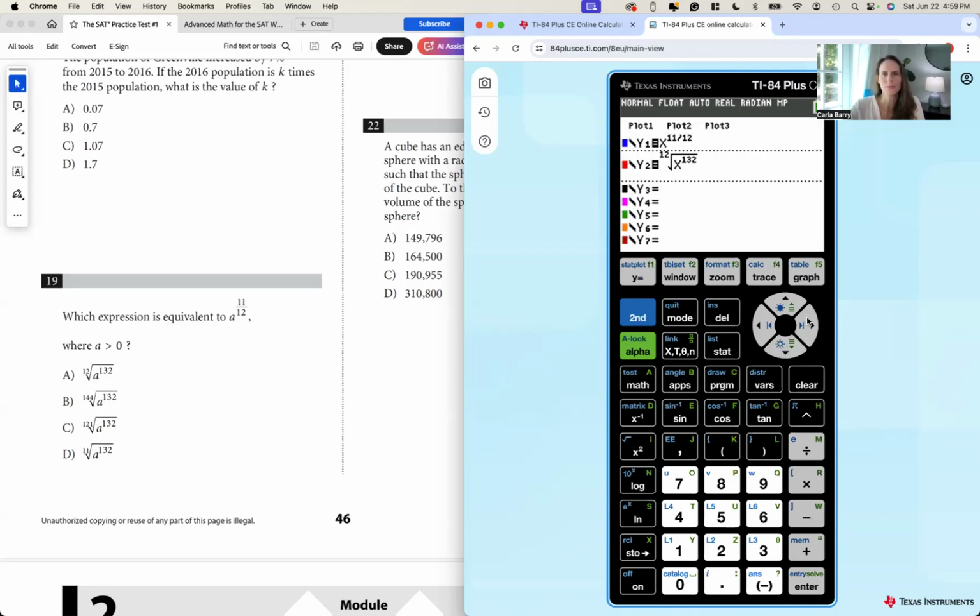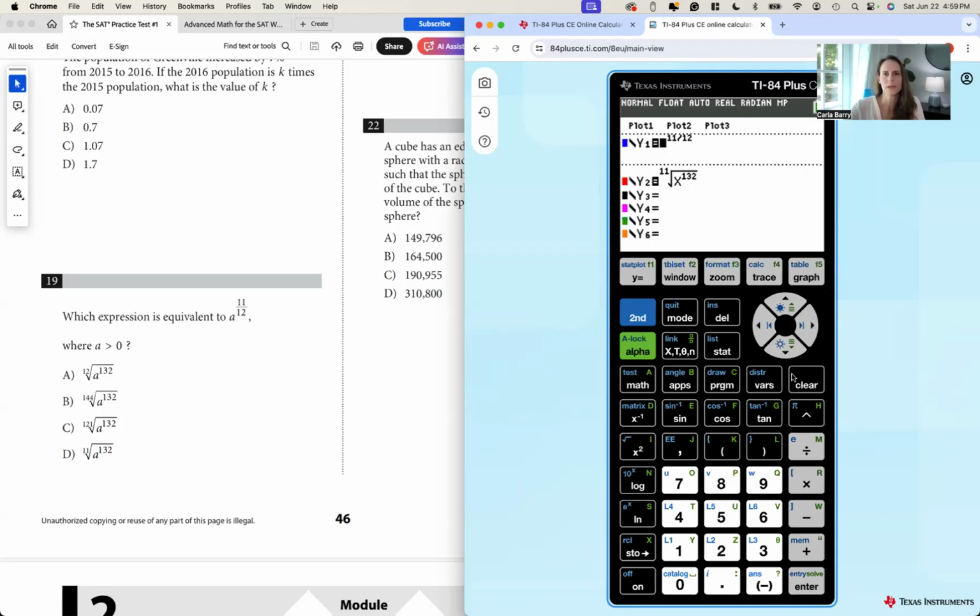Answer choice B, I'm going to change that to 144, and I'm going to keep that as x to the 132. Oh, it doesn't overlap, doesn't work. I am going to change this to 121 and keep that as 132, doesn't overlap. And then I actually think it was answer choice B. I don't know why I did it so weird. 11 and then 132.